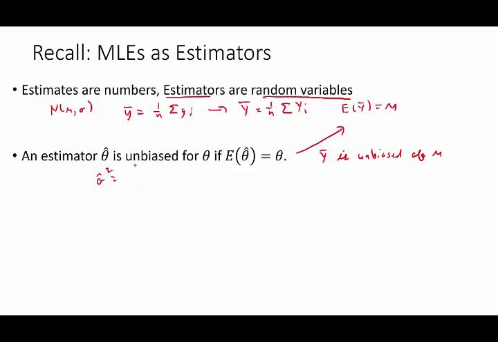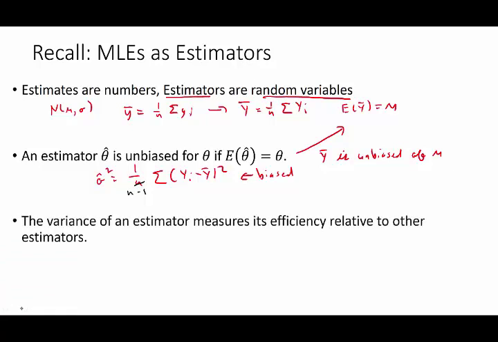The sample variance, which was 1 over n times the sum of the yi's minus y bar squared, we saw in the last video series is actually biased, but that we can unbias it if we divide by n minus 1 instead. That's going to be important as we move forward.